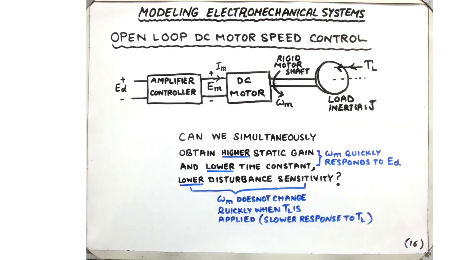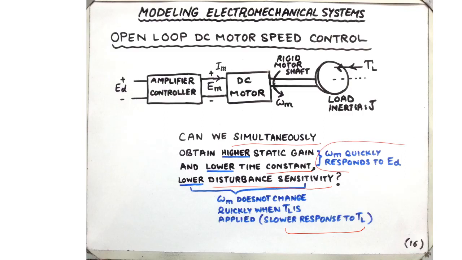So at this point, we're going to take a pause and think about a way to simultaneously reduce the time constant as well as disturbance sensitivity, the two performance parameters of the DC motor speed control. We want our motor to be less responsive to the disturbance torque TL, and we also want it to reach its steady state value as quickly as possible.